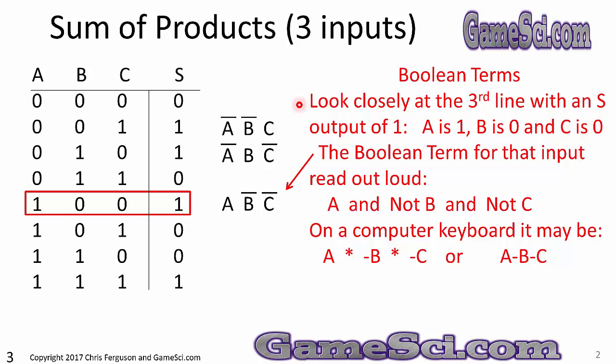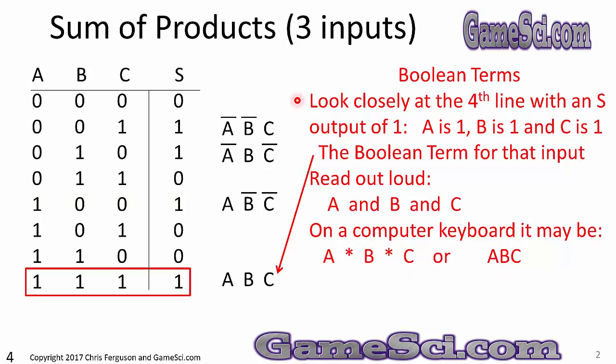Look closely at the third line with an S output of 1. A is 1, B is 0, C is 0. That produces a 1. The Boolean term for that input read out loud is A, and not B, and not C. On a computer keyboard, it may be this term or that term.